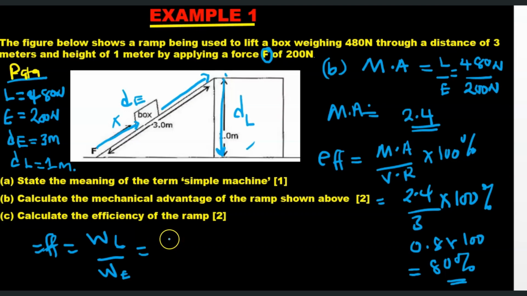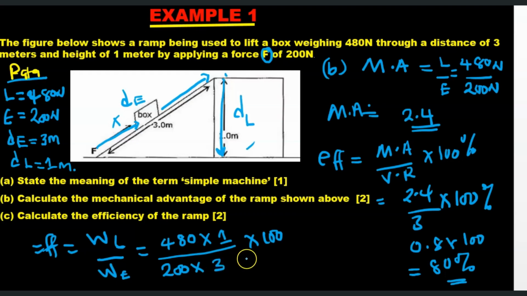Work done by load is load multiplied by the distance moved by load. So the load is 480 multiplied by the distance moved by load, which is 1, divided by the work done by effort. The effort here is 200 multiplied by the distance moved by effort, which is 3.